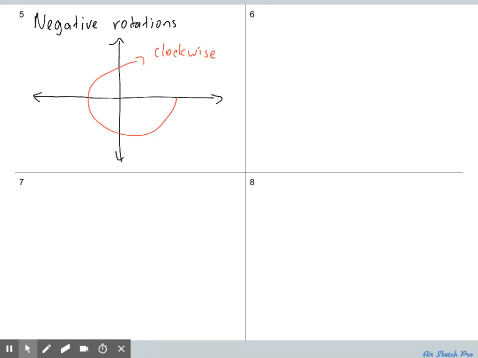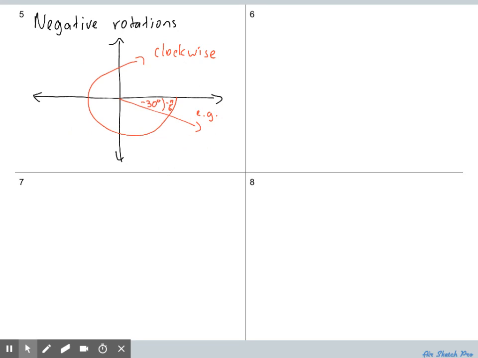So for example, this would be negative 30 degrees. Very quickly, 0, negative 90, negative 180, negative 270, and then negative 360. So this angle here is negative pi on 6. Then we would have negative pi on 2, negative pi, negative 3 pi on 2, and negative 2 pi.